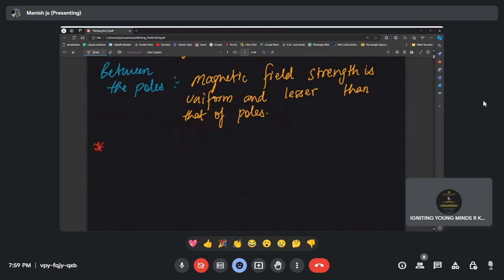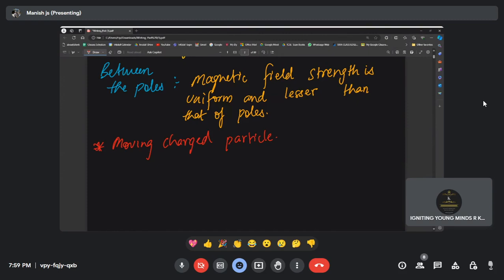The third source which can create a magnetic field, or magnetic effect, you can say, is a moving charged particle. Whenever there is a particle that carries a charge and is in motion, it can also create a magnetic field.